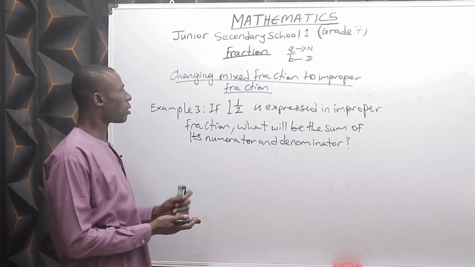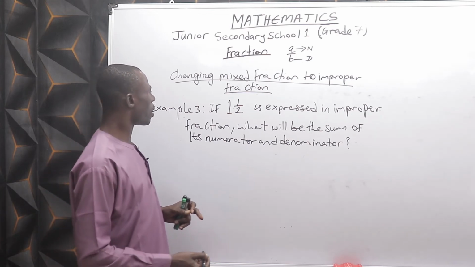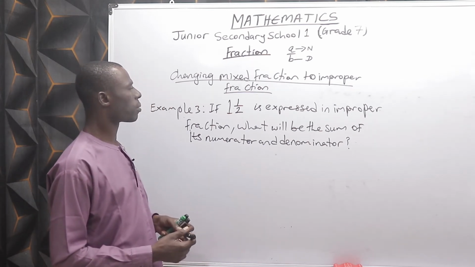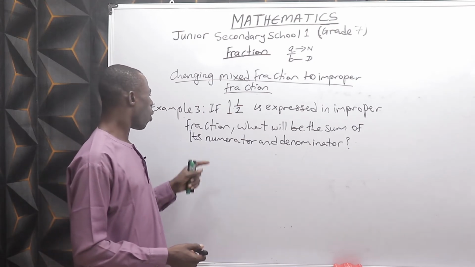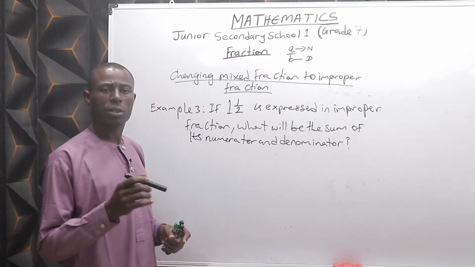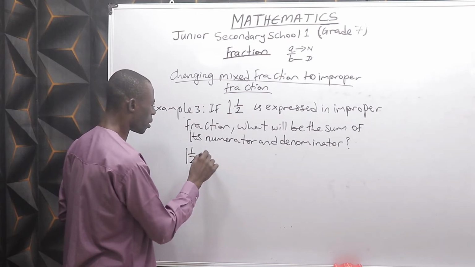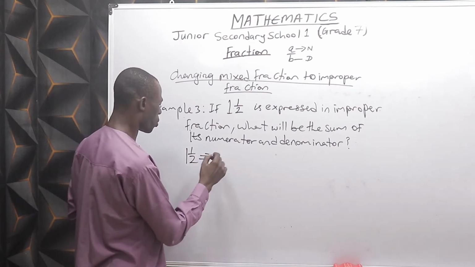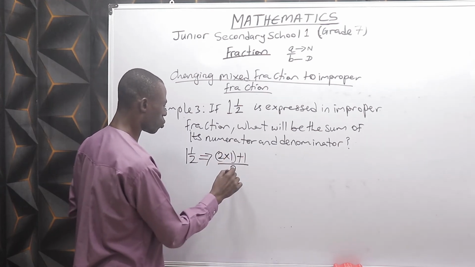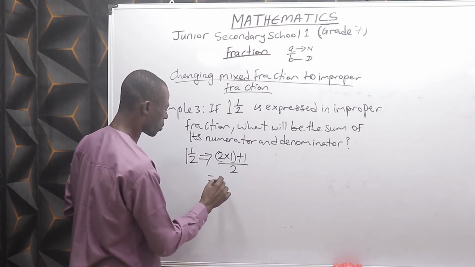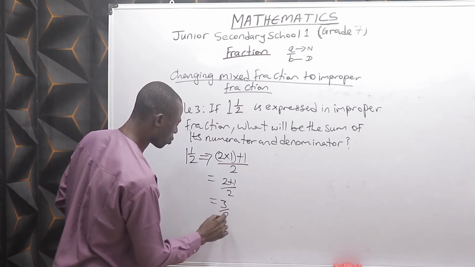Let's take the last question under this subheading. If 1 whole number 1 over 2 is expressed in improper fraction, what will be the sum of its numerator and denominator? 1 whole number 1 over 2 expressed in improper fraction will be 2 times 1 plus 1 over 2, which is 2 plus 1 over 2 and 3 over 2.